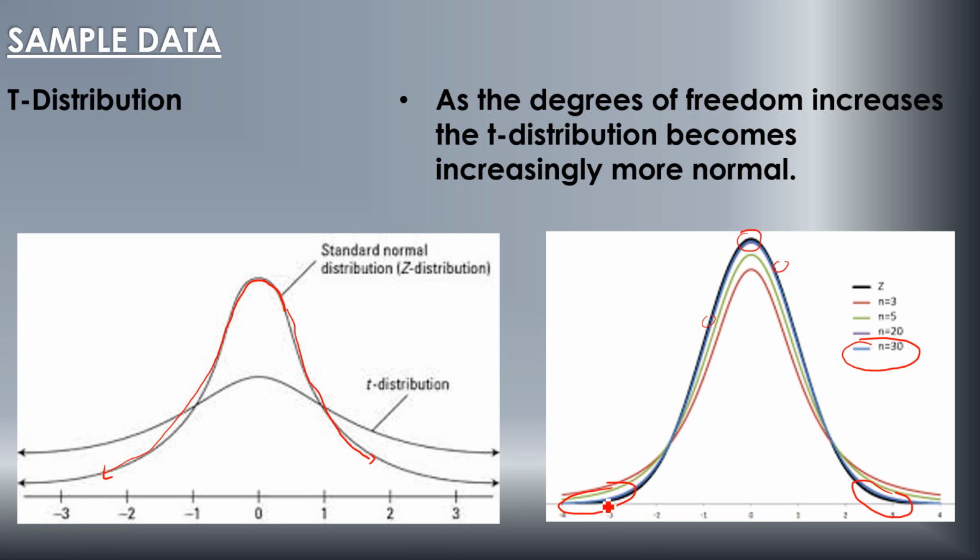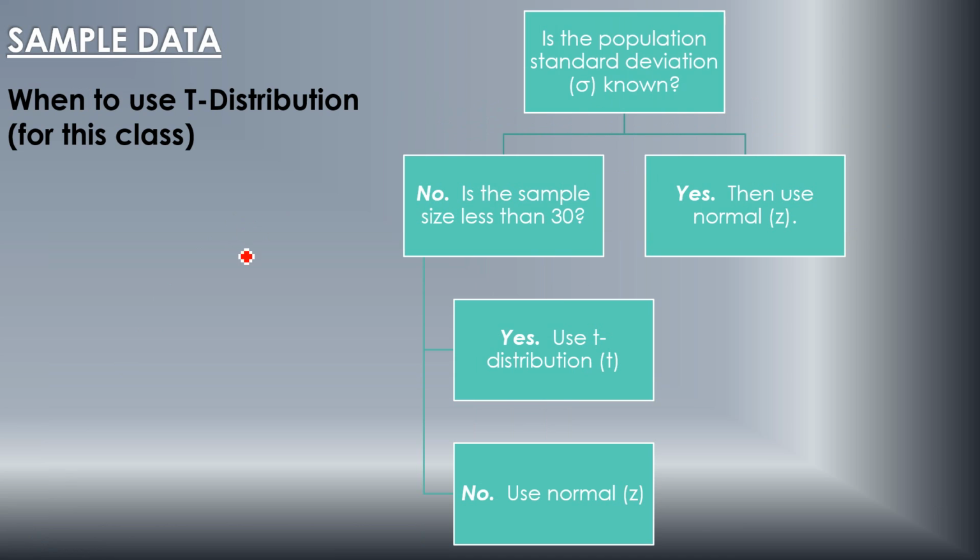The tails are still fatter. So as you get further and further away from the mean, your data is going to be more off. But that's a comparison, and of course you can see that as the data gets larger in size, we get closer and closer to the normal curve.